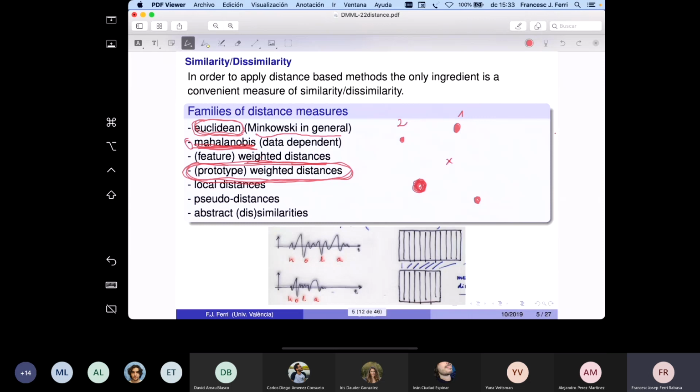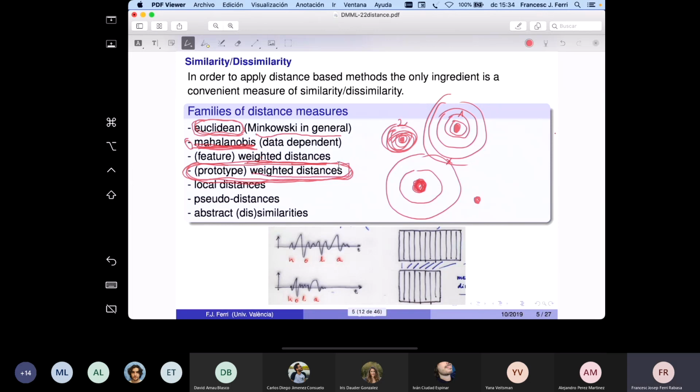I could have drawn the distance from this like this, and then the distance from this like this. It's okay? And this one even with less weight. Do you see?